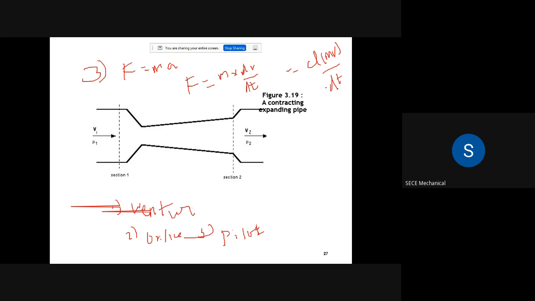So therefore it can be written as f into dt, அதாவது இந்த f இந்த side change இதுக்கு கொண்டு போறோம். So அப்ப f into dt is equal to d of mv, right?